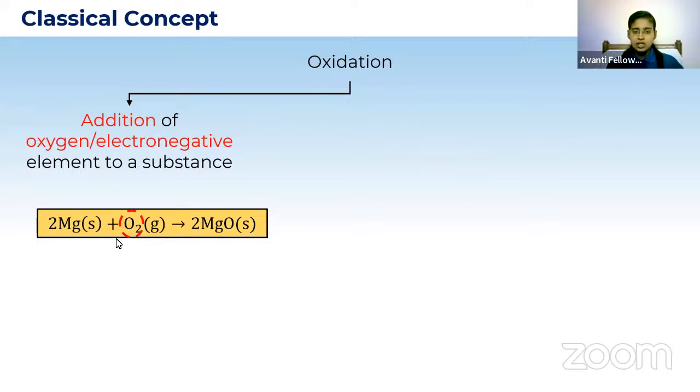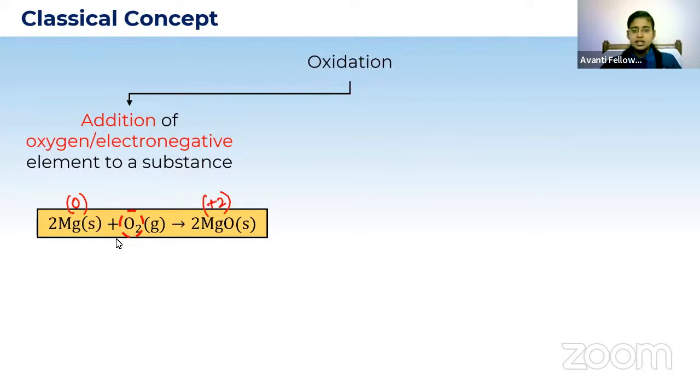Later on, I will explain how to find the oxidation state of each element. Don't worry. In case of magnesium, the oxidation state is 0 because it is present in its elemental form. But in MgO, the oxidation state of magnesium is +2. It means that magnesium has got oxidized by the loss of 2 electrons. Here oxygen is being added to magnesium, so this reaction is an example for oxidation.